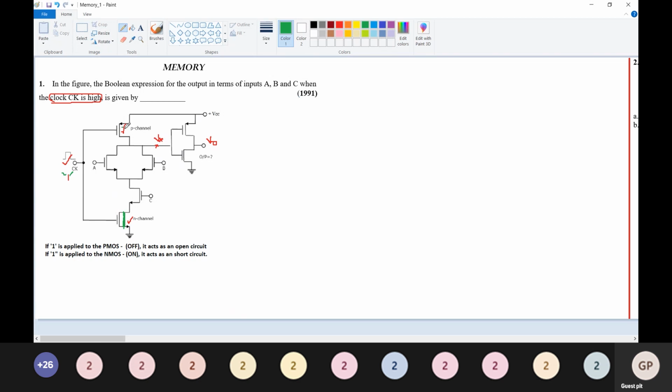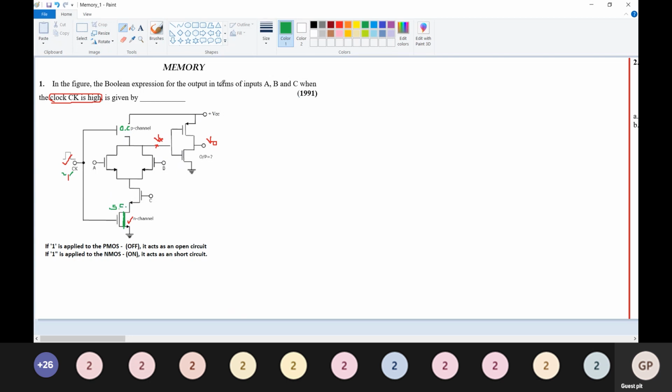It becomes off, that means it becomes an open circuit. So there is no connection between this MOSFET and this part of the circuit. So this becomes open circuit and this becomes short circuit. So this is what the clock function does.